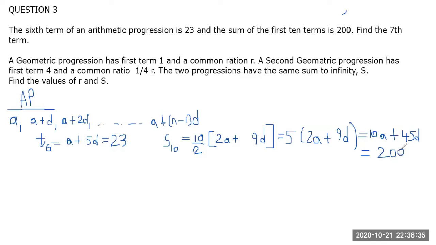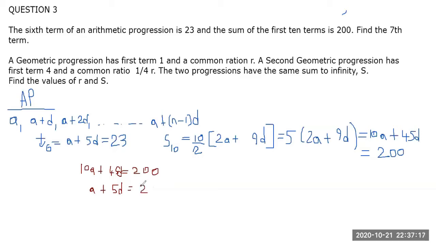So now clearly what we have is a simultaneous equation. Let me just change up the colors. What they're telling us is we have 10a plus 45d is equal to 200, and then we have a plus 5d is 23.